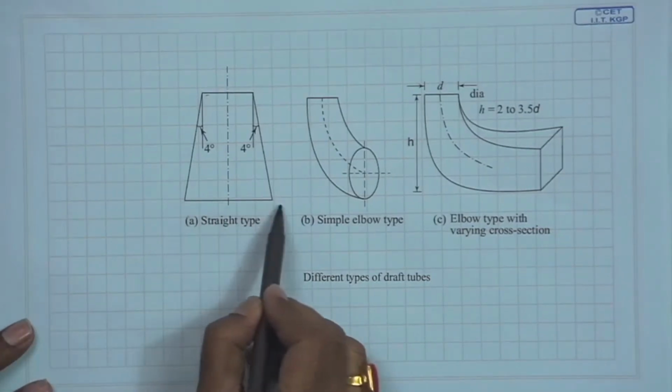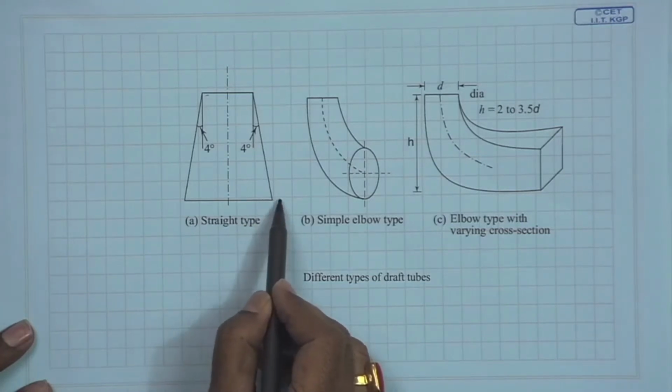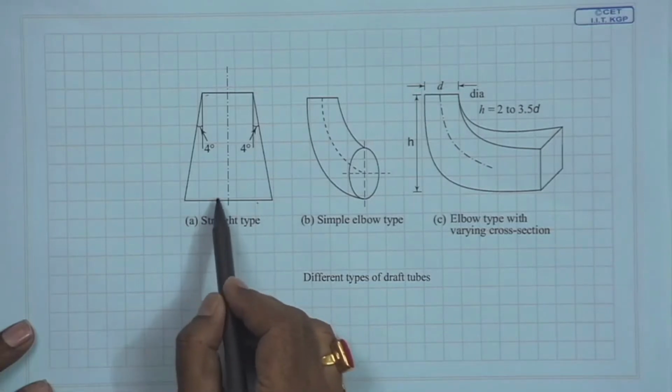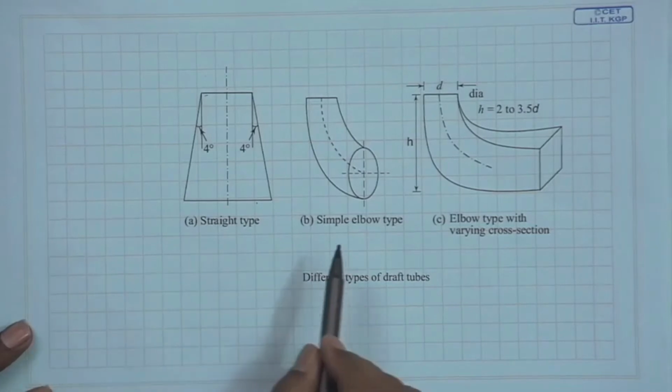The draft tube outlet has to be kept a little below the tail race level because it discharges at the atmospheric pressure. If it discharges just at the tail race level, there is a chance of air coming into the draft tube, so to avoid that it is kept a little below the tail race level.